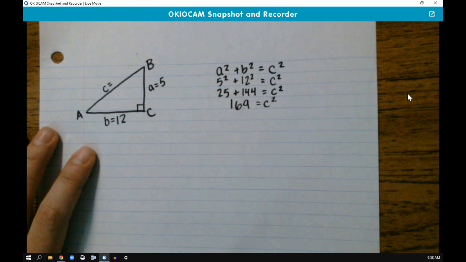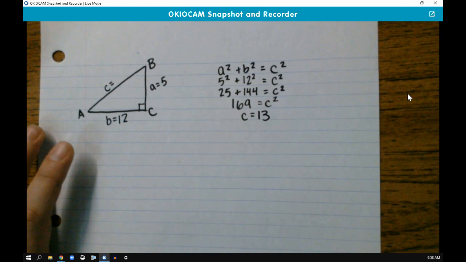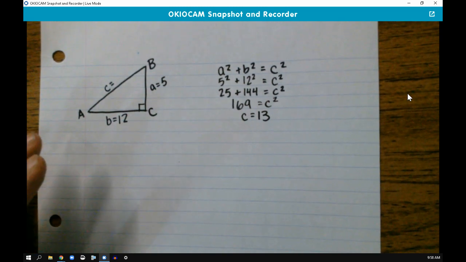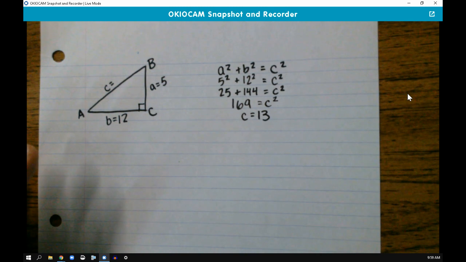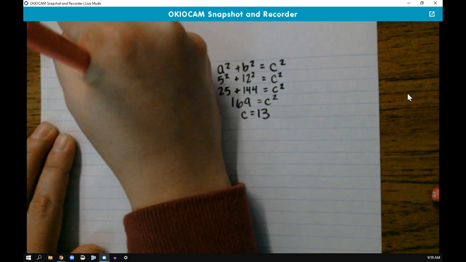And then the square root of 169 is 13, so that means C equals 13. Or, if you remembered some of your common right triangle Pythagorean triples, you could have been like, that's a 5, 12, 13. So we now know that C equals 13.